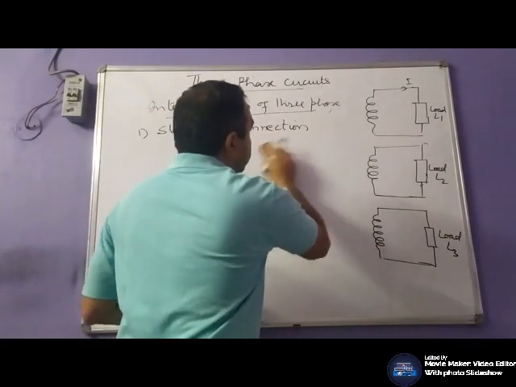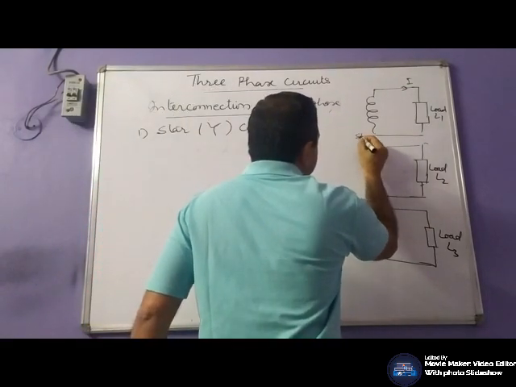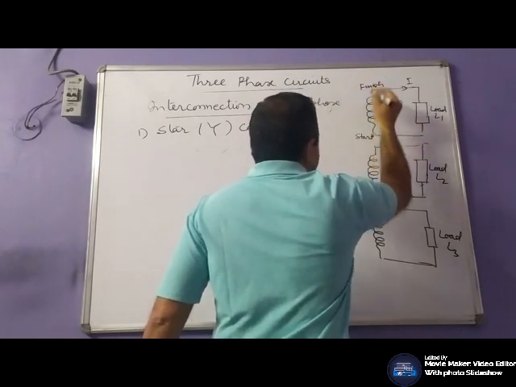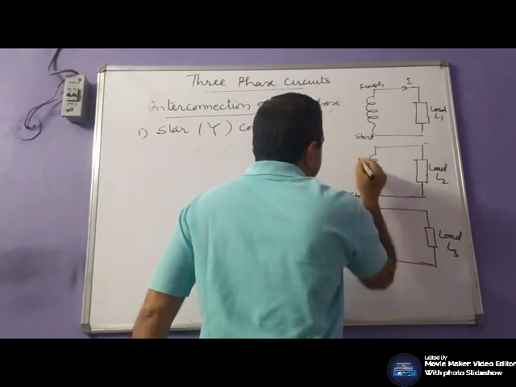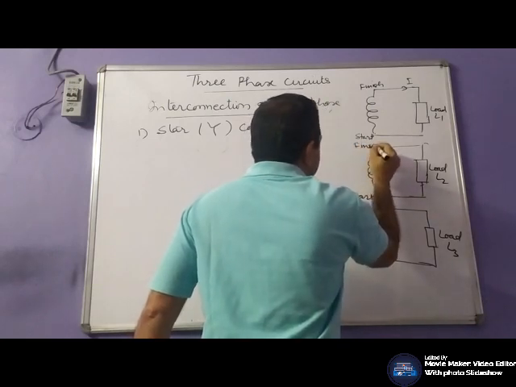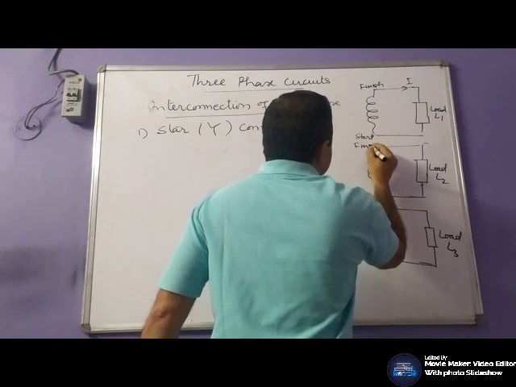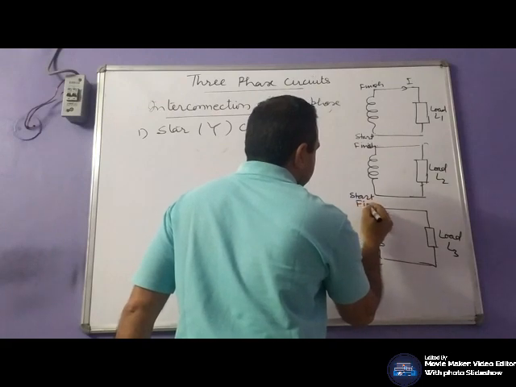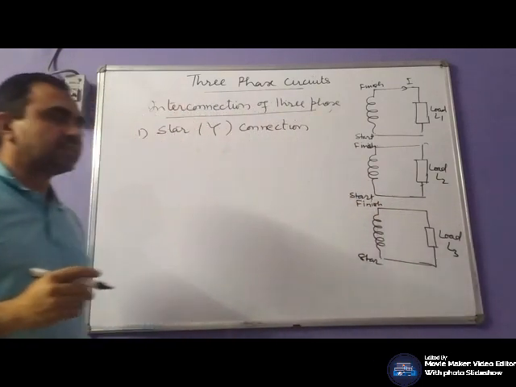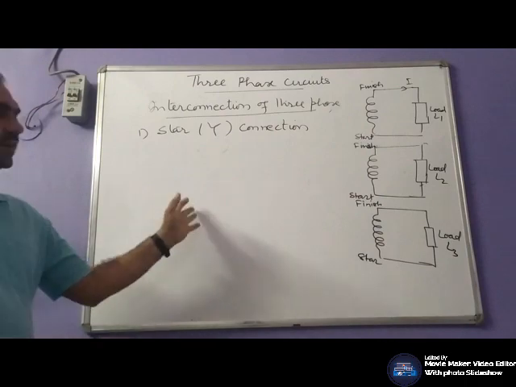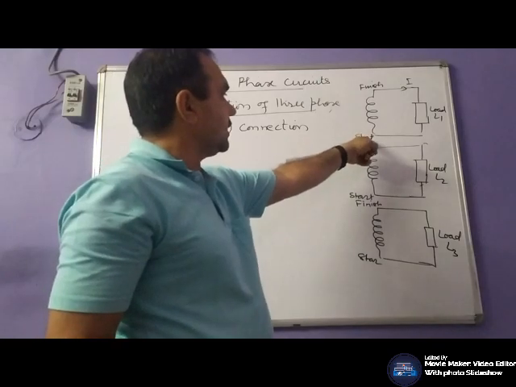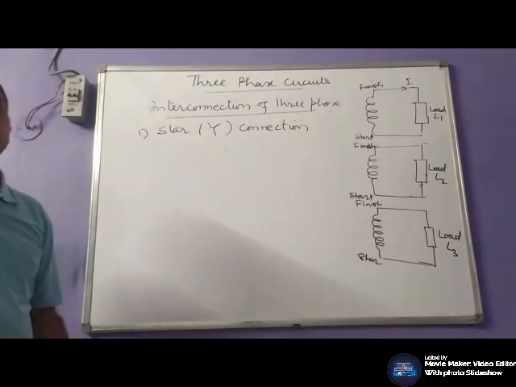In the star connection, we have, for example, a start and a finish end for each coil. You are already aware of star connections. In a star connection, the starting end or finish end of each coil is connected to one common point.